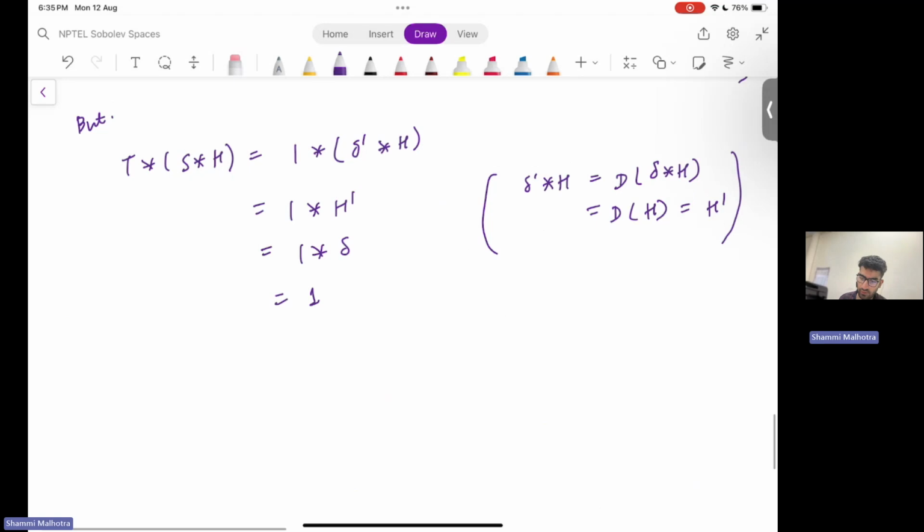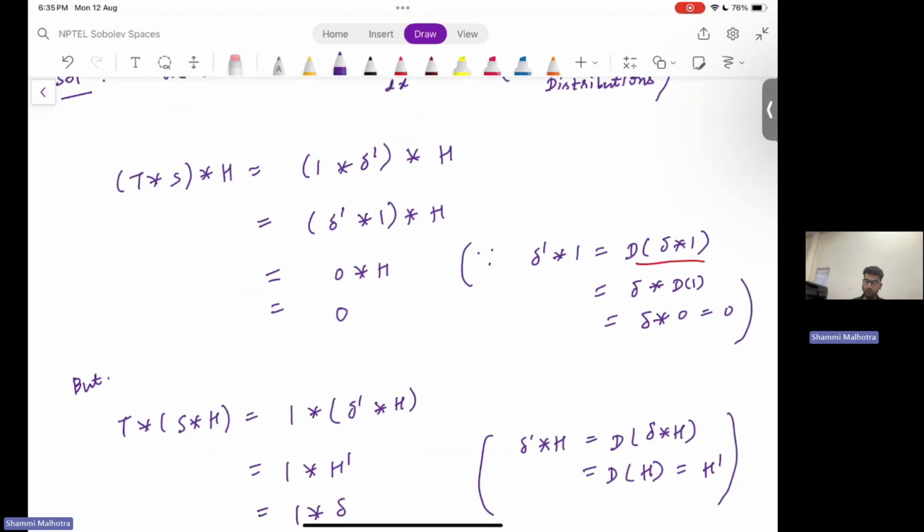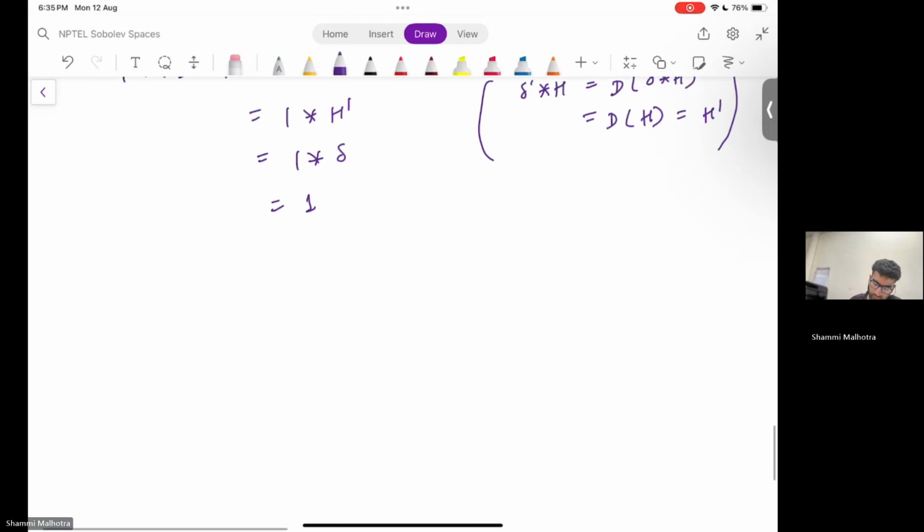So again, the convolution exists for both of the cases. In one case, we're getting the distribution generated by the zero function, and in another, we're getting the distribution generated by the constant one function. And clearly, both are not equal. T star h is not equal to T star S star h.